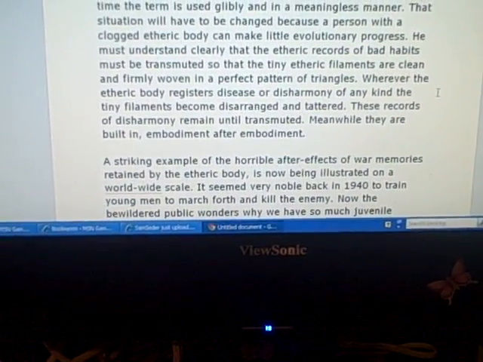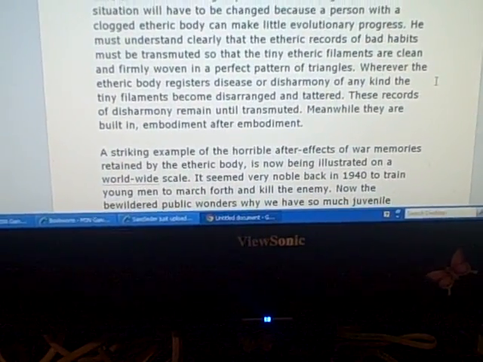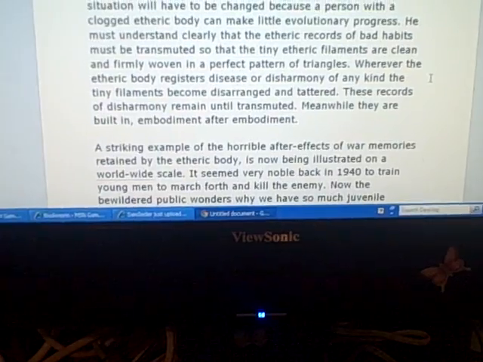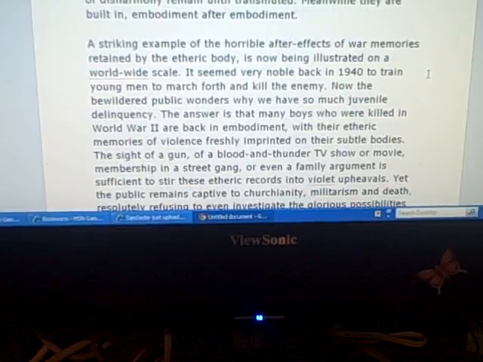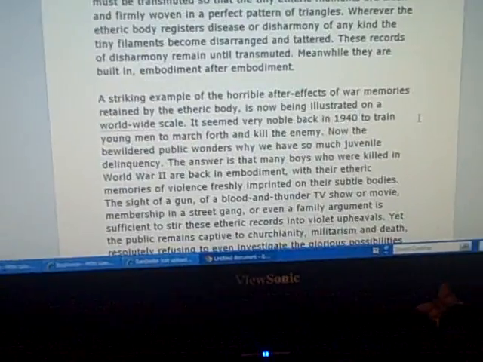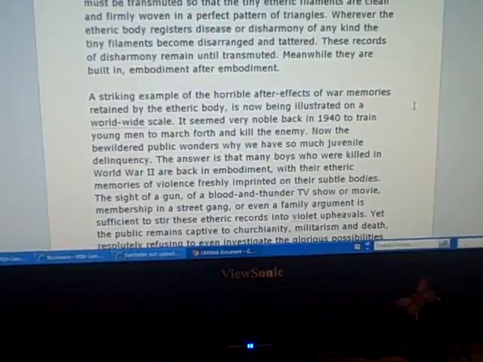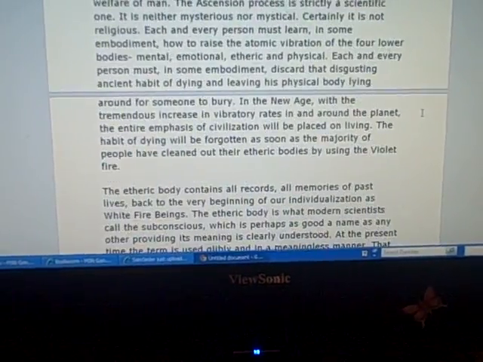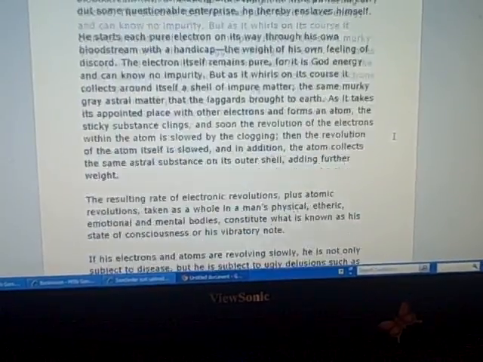Of course, in this also, another way of viewing it, you will see they're lined up little squares as well as triangles. And they have to be cleaned, because these are the records of all our memories. And let me go back up here and read to you what she says about this.